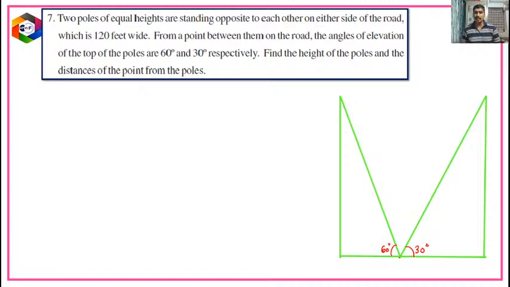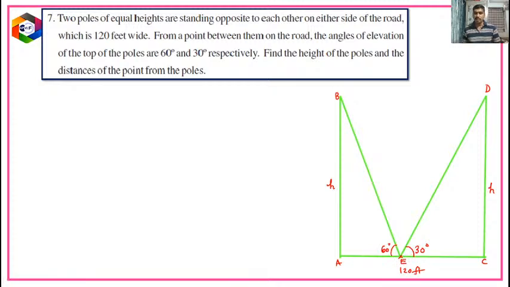The important point is, here AB is the pole and CD is also the pole, and both are of equal height. This is H and this is also H, and AC is the width, 120 feet. In feet it is given. Somewhere there is a point E.